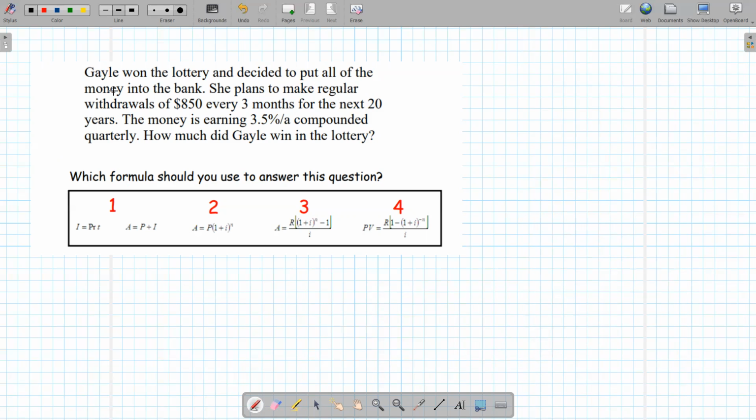Okay, what's going on here? Gail won the lottery and decided to put all of it in the bank. She plans to make regular withdrawals of $850 every 3 months for the next 20 years. Interest is 3.5% compounded quarterly. How much did Gail win in the lottery? What kind of a problem is this? Present value. Yeah, this is present value. So what do we know? The present value is unknown.